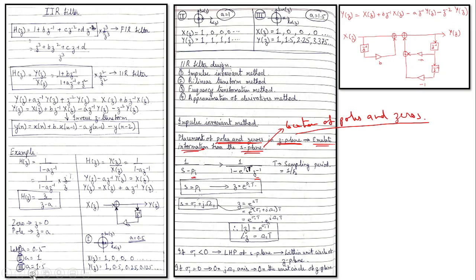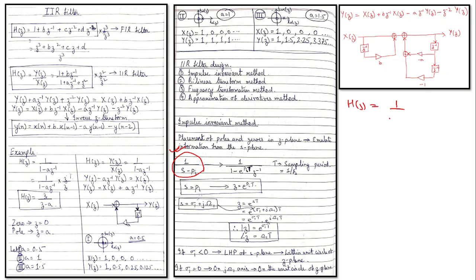Now say for example, if you have a simplistic transfer function of 1 by S minus Pi, where Pi is the location of the pole, because in the analog domain also we have the transfer function H(s), and we can have S minus Pi, where Pi gives us the location of the pole of the filter.